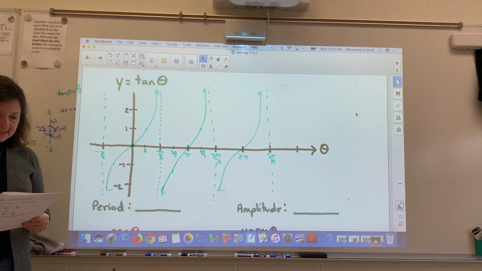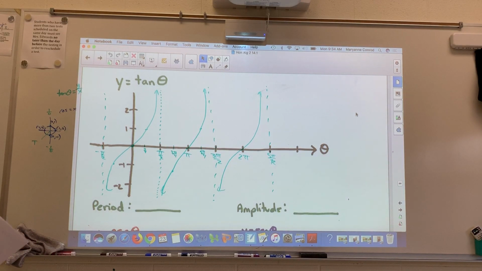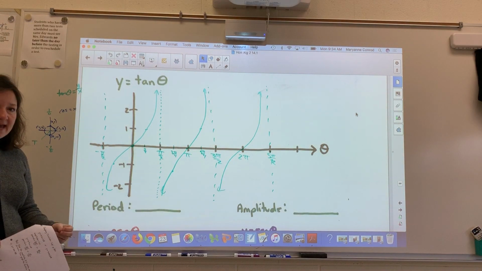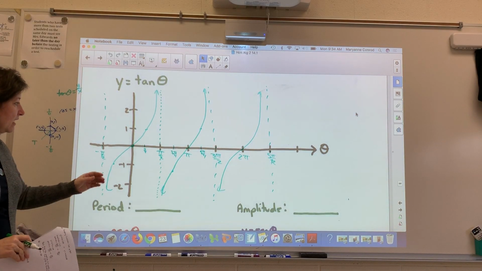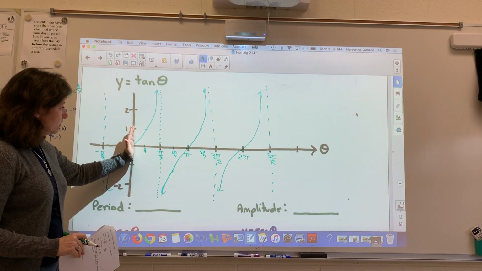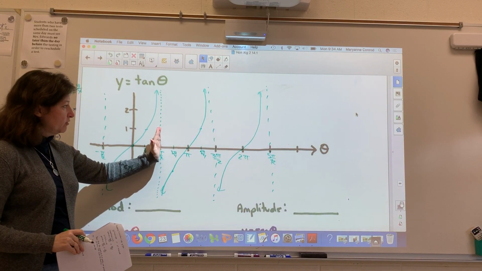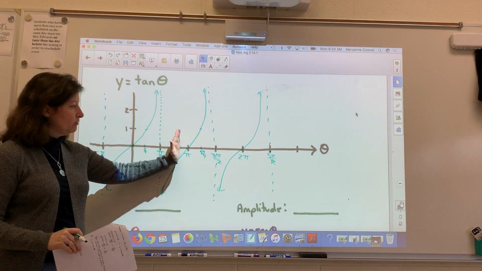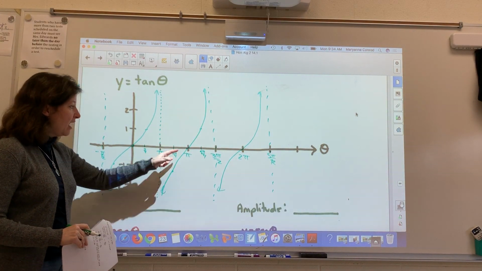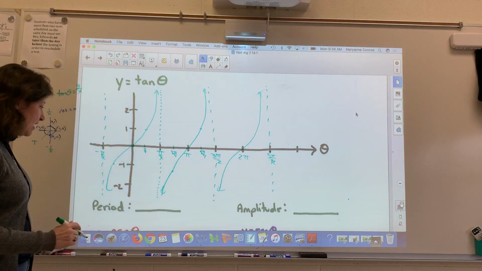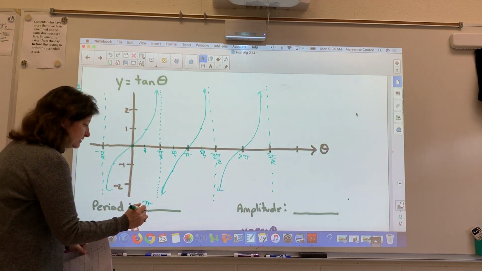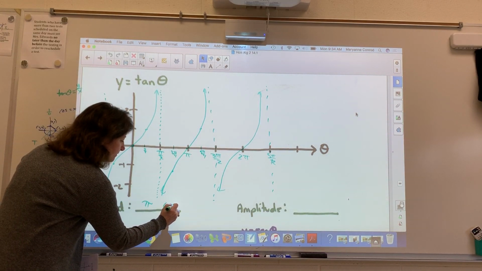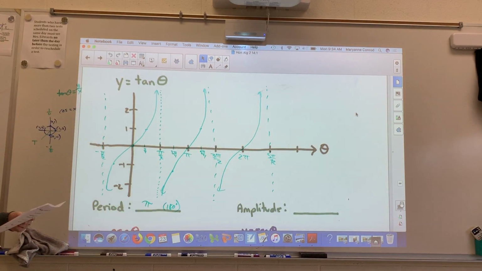What's the distance that I go before I repeat the exact same curve, exact same pattern? I start at 0. I go to pi over 2. Do I start repeating yet? No. When do I start repeating myself? At pi, I start the same design. So my period is pi. What would that be in degrees? That would be 180.